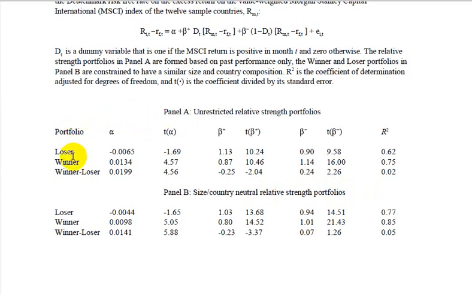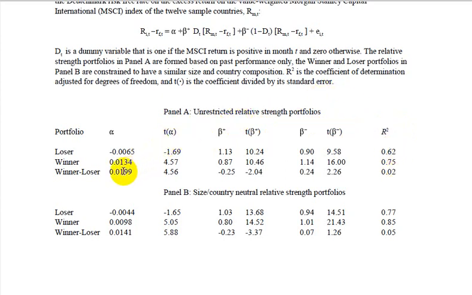Anyway, as before, we have the loser returns, the winner returns, and the winner minus loser returns. For each we have an alpha figure with the t statistic, the beta of market return during a bull market and its t statistic, as well as the market coefficient during a bear market and its t statistic, and then an R squared figure.